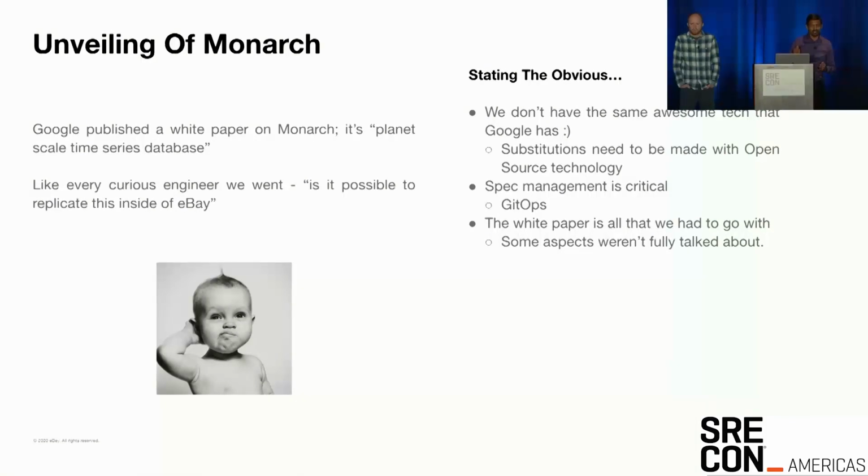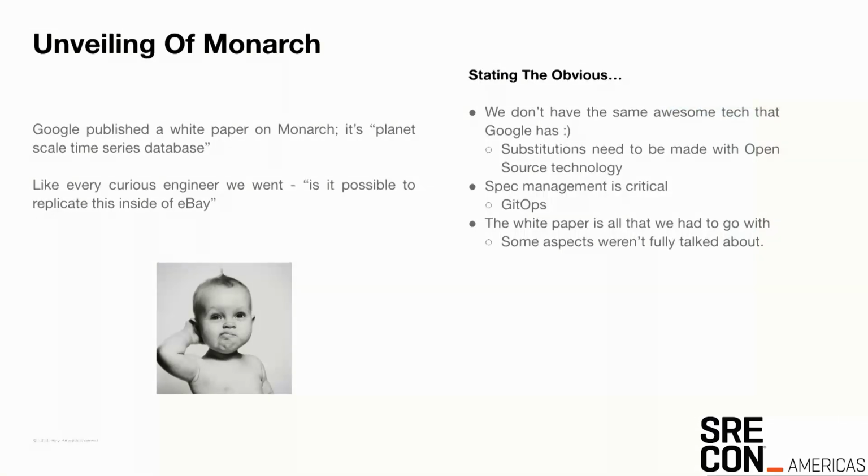But this isn't as easy as one might think, because the first thing is that Google has awesome technology. And for us to be able to replicate this, we'd have to make substitutions, preferably using open source technology. And to be able to spread out the installation across various regions, spec management is critical. So the approach that we took for that was GitOps.